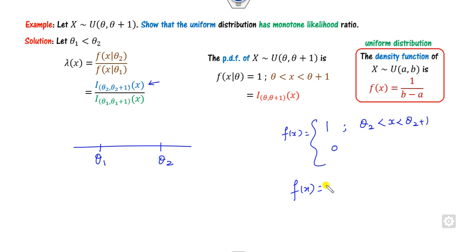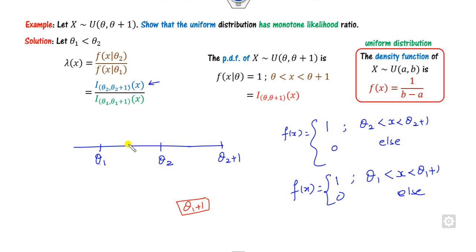While for the denominator part it is 1 when it is of this nature, otherwise 0. And theta 2 plus 1 is always greater than theta 1 plus 1. Now where this value lies, it can be here, it can be here, but it can never lie outside that.